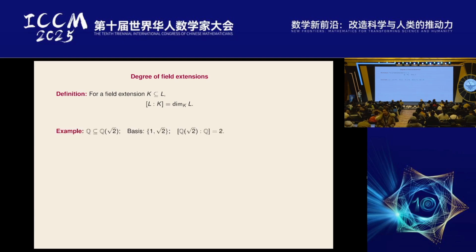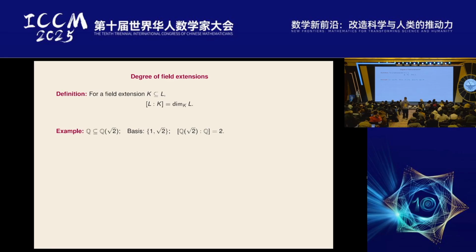Let me remind you of some very basic examples. If we take the field of rational numbers and add the square root of 2, then we get a larger field, and the degree of this larger field over Q is simply 2.